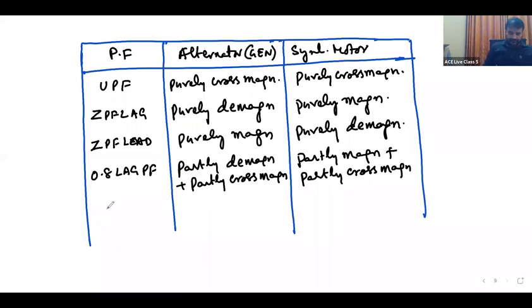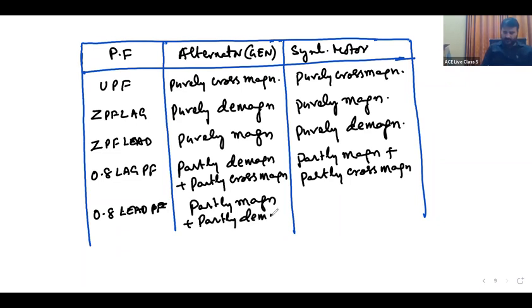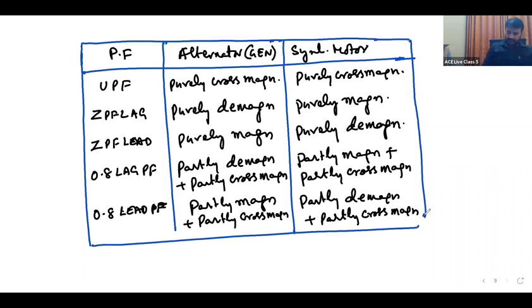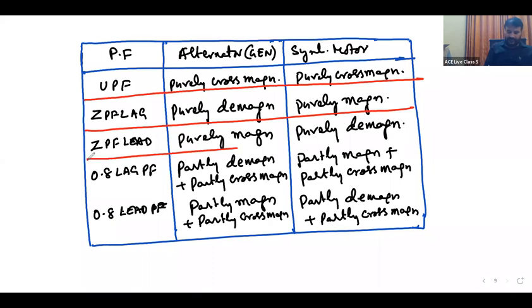Similarly, for 0.8 leading power factor, it will be partly magnetization plus partly cross magnetization for generator, and for motor partly demagnetization plus partly cross magnetization. Okay.